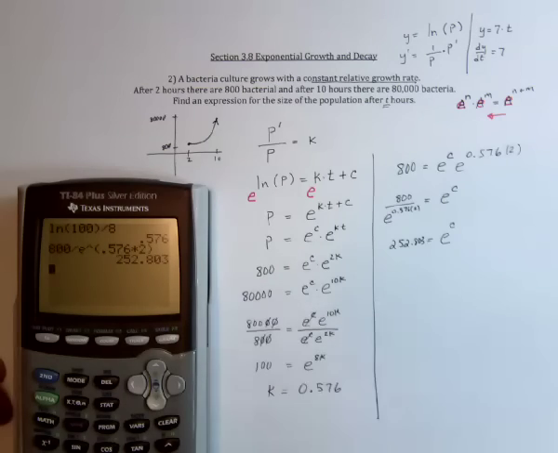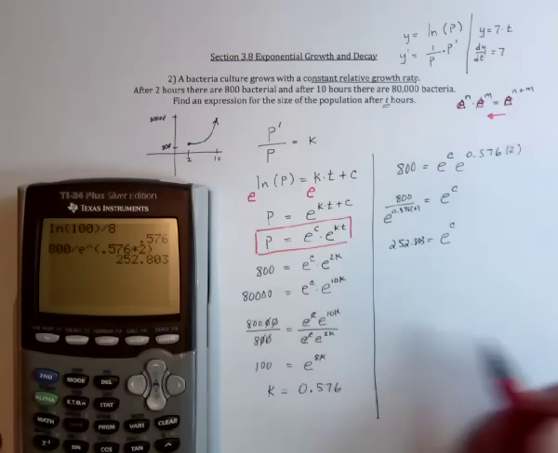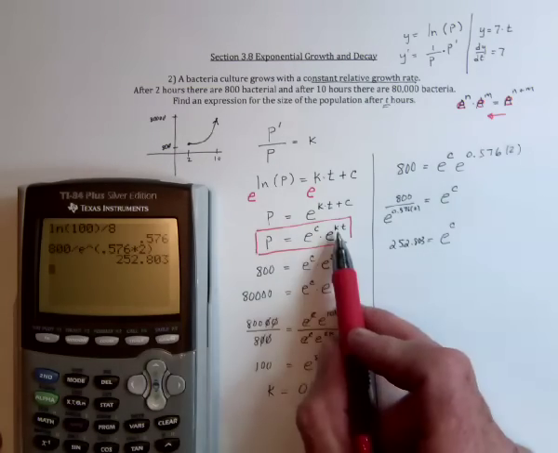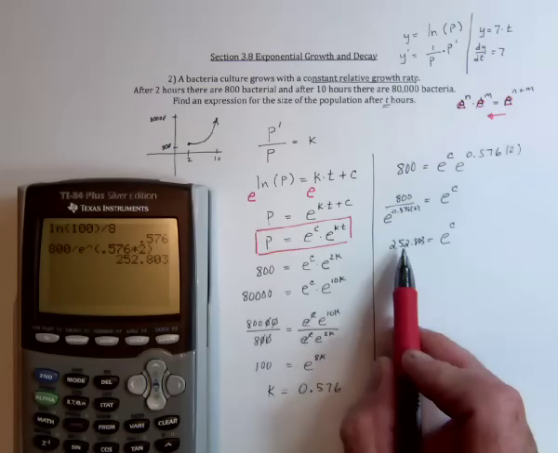And then we're finished. Because this right here is essentially the Pert formula. We've got the k, which is the growth rate, and what's supposed to go in front of that is the starting number of bacteria. And we've got that right there, e to the c.